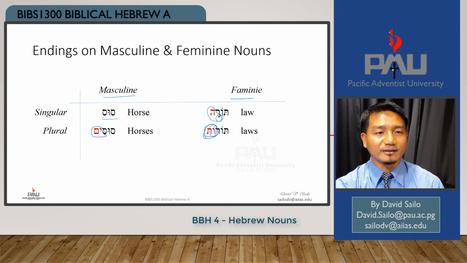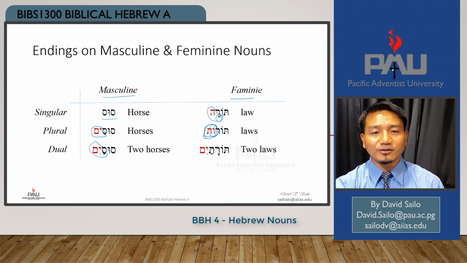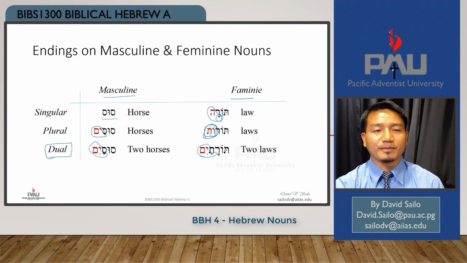How about dual? Well, the good thing about dual is that it only has one form. Susayim: patach, yot, hirek, and mem sofit. This is also true for both of them. So we have dual, but this is shared by both masculine and feminine. They have the same form for the dual noun.